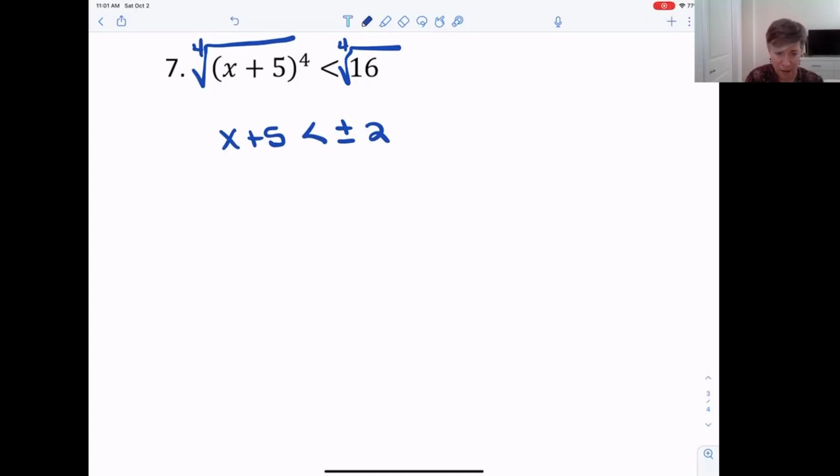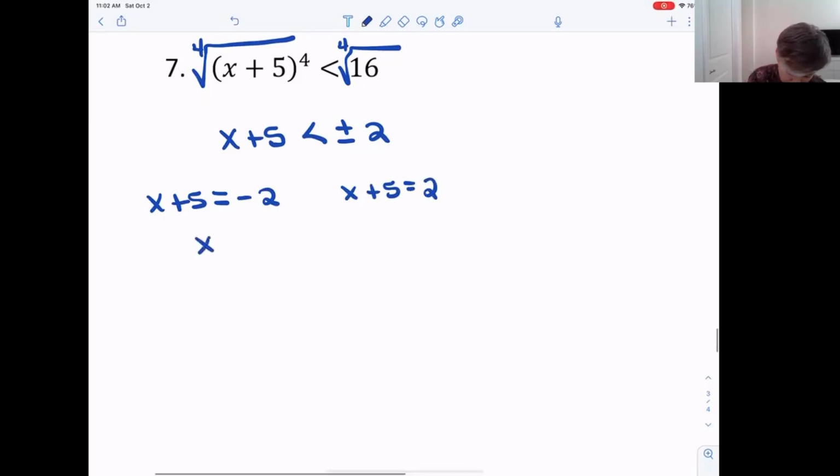So we can solve both of these: x plus 5 equal to negative 2, and x plus 5 equal to a positive 2. We subtract 5 from both sides, and we get x equals negative 7, and x equals negative 3.